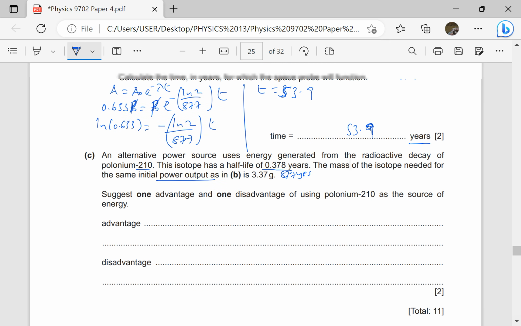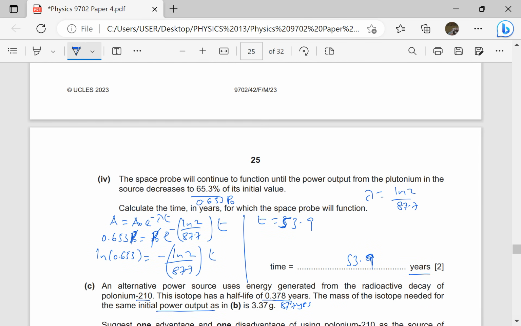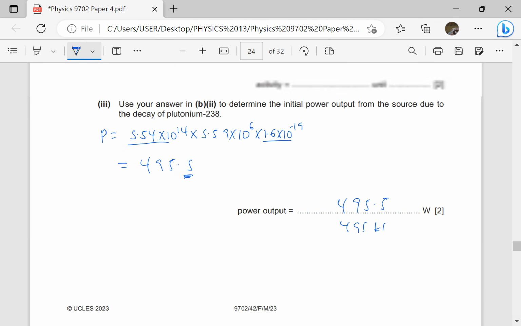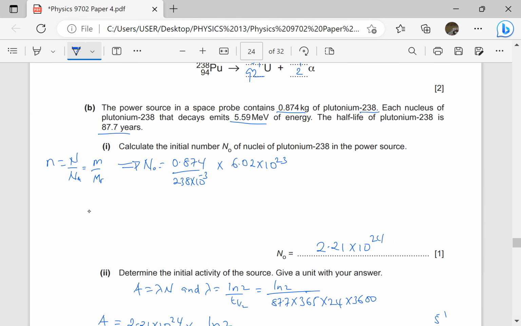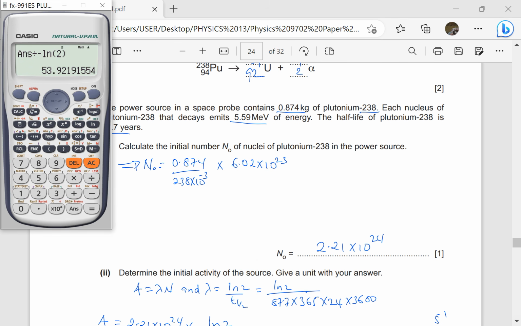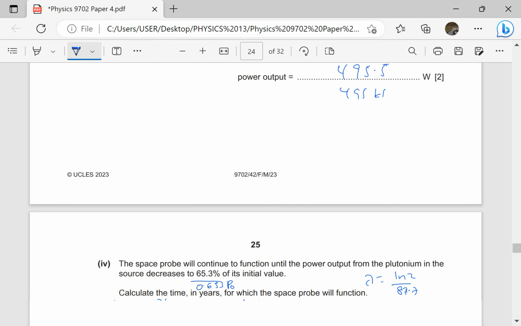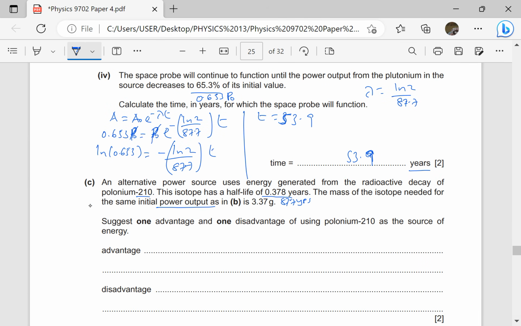Compare this with the other one, where the mass required was 0.874 kilogram, that is 874 grams.